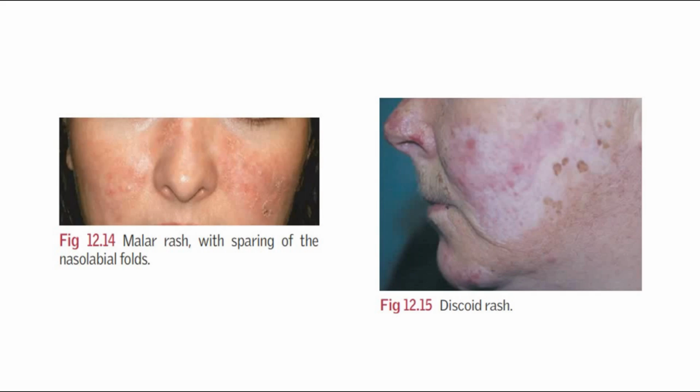The second picture shows the discoid rash, where there are erythematous raised patches with adherent keratotic scales and also follicular plugging. So think of it as a three-stage rash affecting the ears, cheeks, scalp, forehead, and chest. So first there is erythema, then it progresses to pigmented hyperkeratotic edematous papules, and then progresses to atrophic depressed lesions.